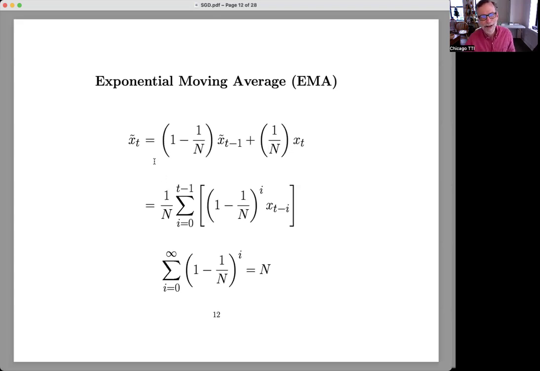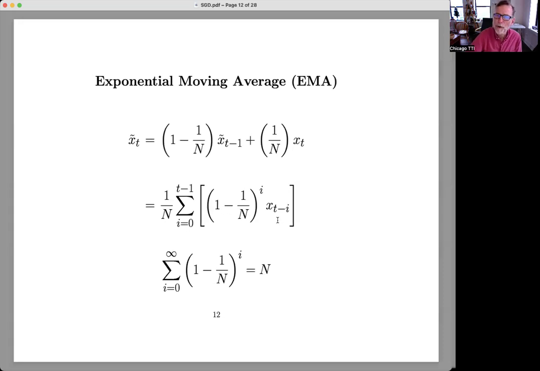I'm not going to derive this, but you can write a formula for this value by looking at how each element of the sequence influences the value. So I can take 1 over n times the sum over all the previous values of the effect of that previous value on the current value, which is decaying exponentially because you're always multiplying by this multiplier 1 minus 1 over n.